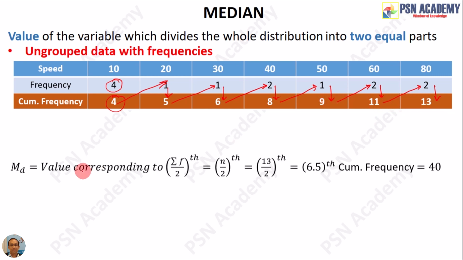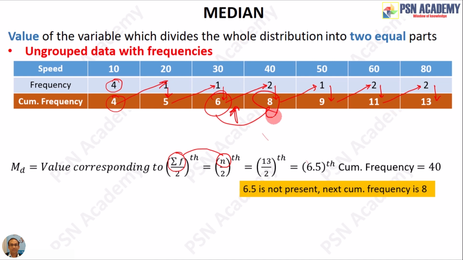Now you go for the formula. The value corresponding to the summation of f by 2th cumulative frequency. Now you know that summation of f is actually n. So it will be the n by 2th cumulative frequency, that is the 6.5th cumulative frequency. Now you notice here one thing, that 6.5 is missing here, right? So from 6 it is going straight to 8.